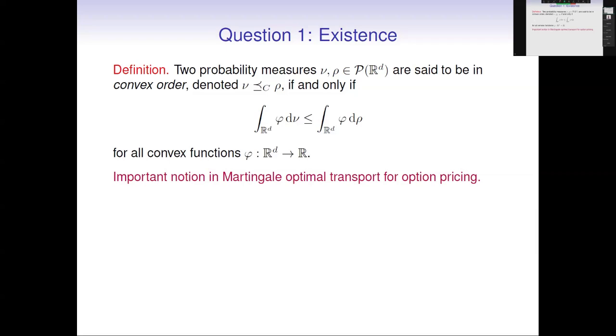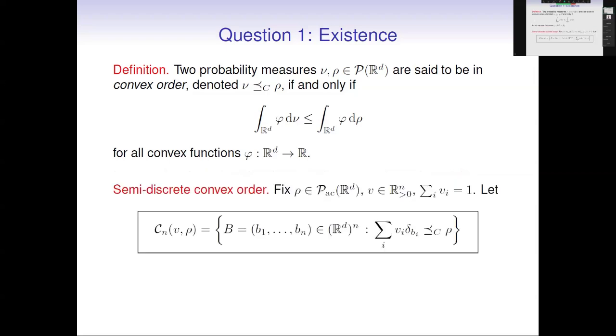Since I'm in a semi-discrete setting, where nu is going to be discrete and rho is absolutely continuous, I'll introduce a set of measures in semi-discrete convex order. So rho is absolutely continuous, our new measure will be discrete, and then we define this set here.